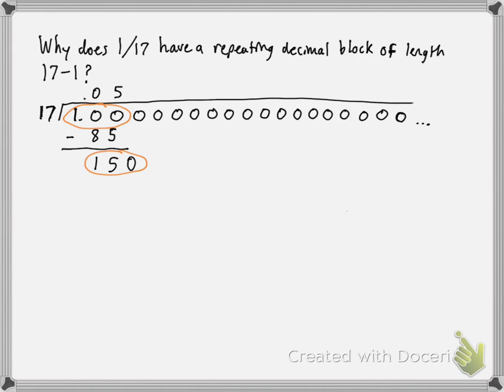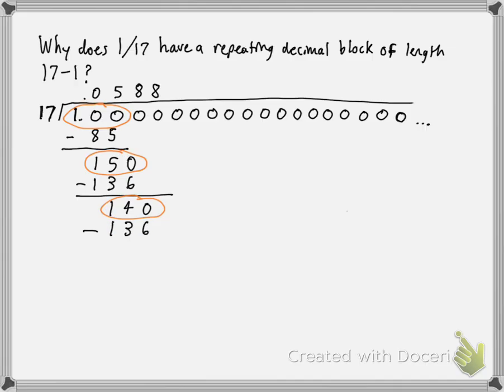Okay, 17 times 8 is 136. That's going to be a 140. Again, look at it. It's a different number. Every time we get a different 2- or 3-digit number here, there's no chance of that next digit causing a repeat. 17 into 140, you're still going to get an 8 there. 17 times 8 is 136.